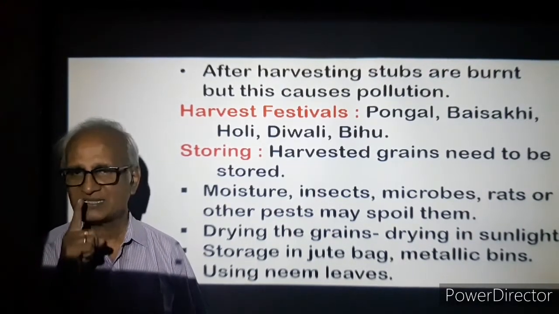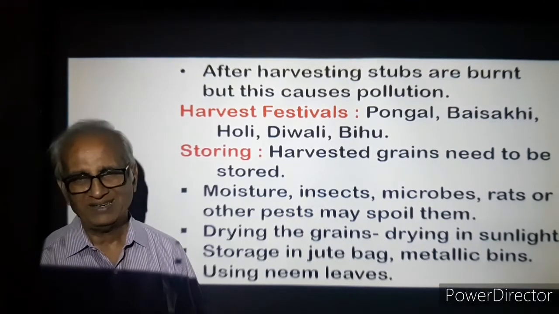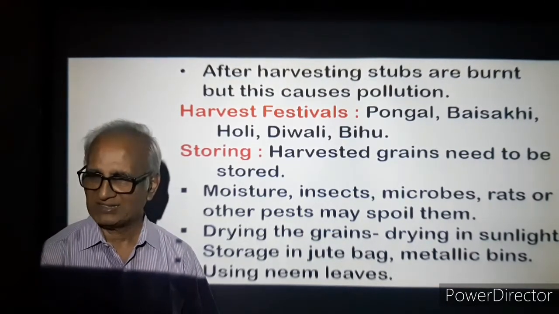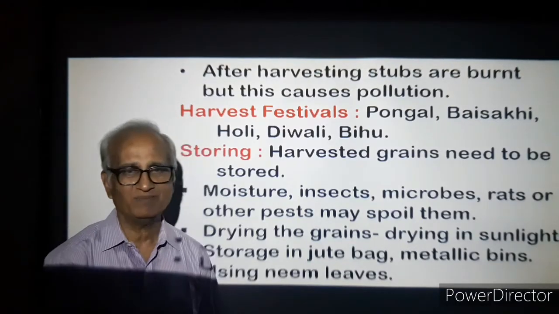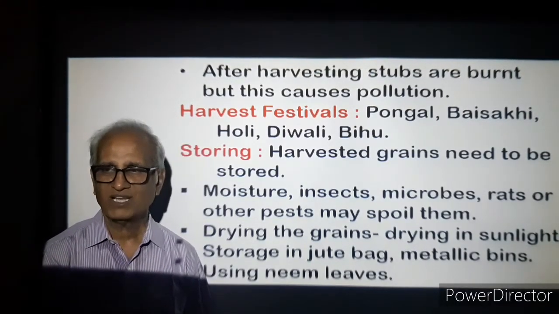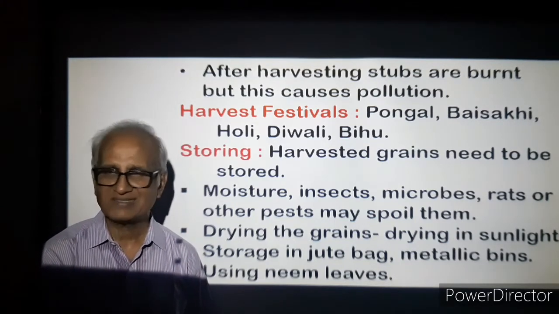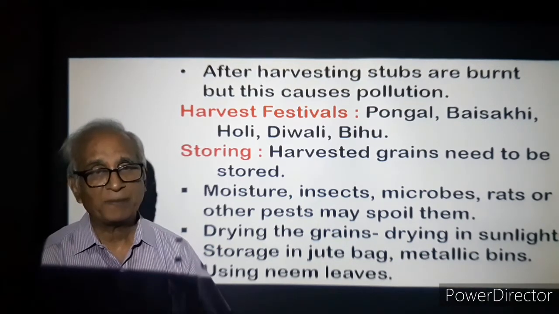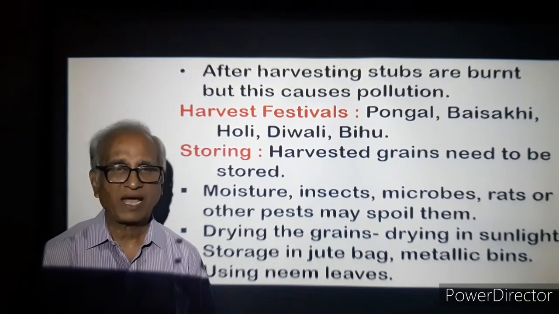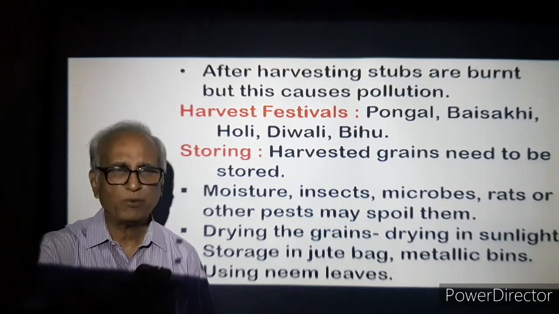But this is most improper. Why? You know it well. Stub burning, when it's done on a large scale, amounts to pollution. In Punjab, Haryana, you read in papers, when they harvest wheat, they start burning the field. At that time, the air surrounding that area gets polluted.